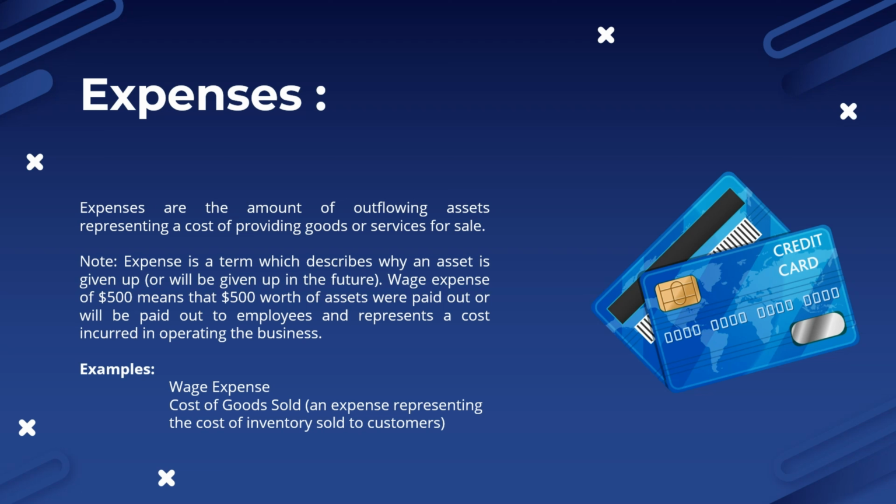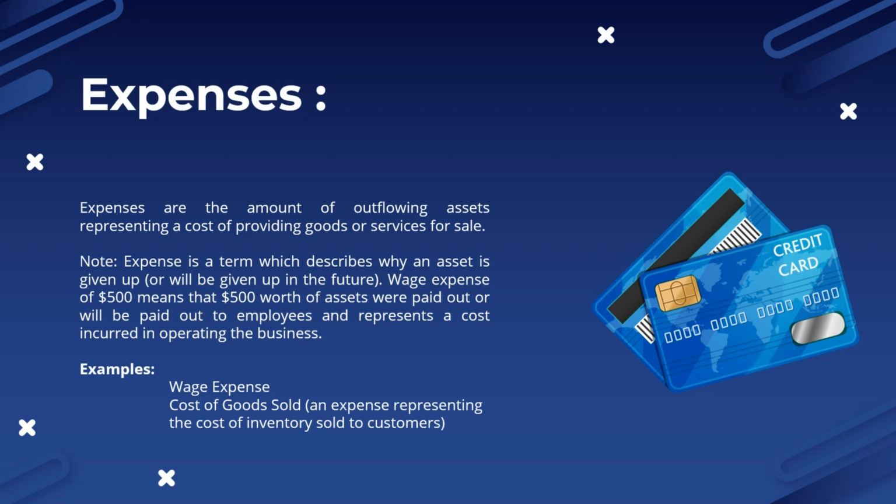For example, wage expense of $500 means that $500 worth of assets were paid out, probably cash, to employees, or will be paid out to employees in the future. This represents a cost incurred in operating the business.